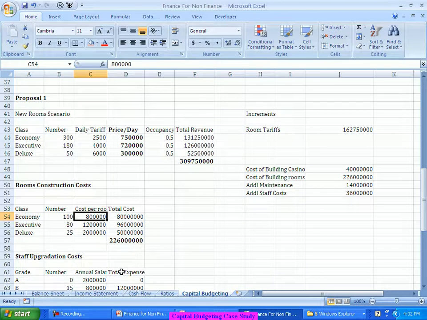So overall the whole cost is coming out to 22.6 crores. 8 crores for economy, 9.6 crores for executive and 5 crores for deluxe. So overall it is coming out to 22.6 crores as the cost of building. Even this is a one-time cost. If I build it now, probably for the next 4 years they can be used. I will not build it and change it every year.